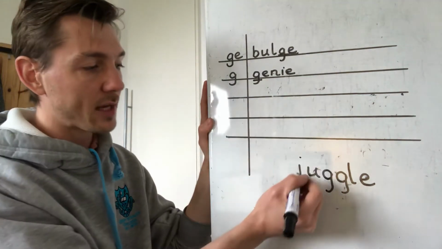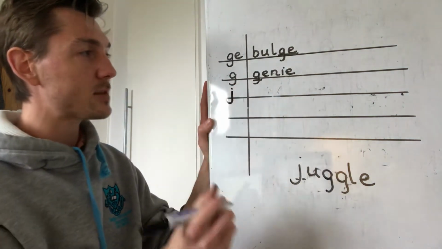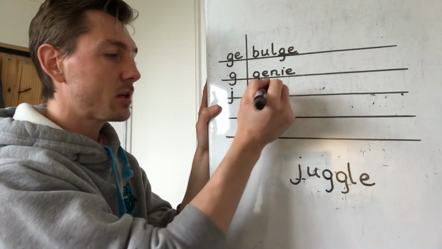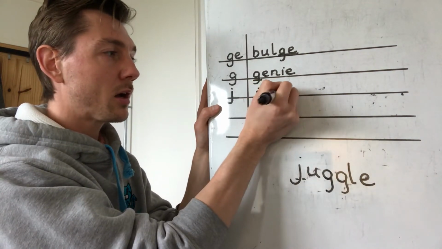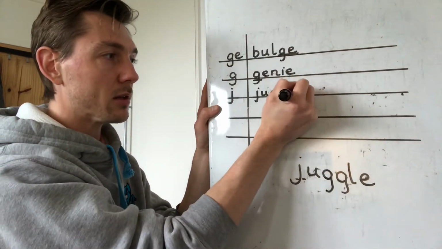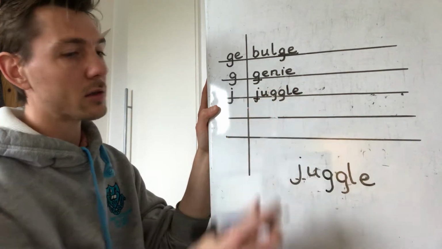You're right, it's a new section, isn't it? Because it's that j spelling, j on its own, the one that we learned first. So we have j, u, gg, 2 letters, 1 sound, le. J, u, g, l. Juggle.